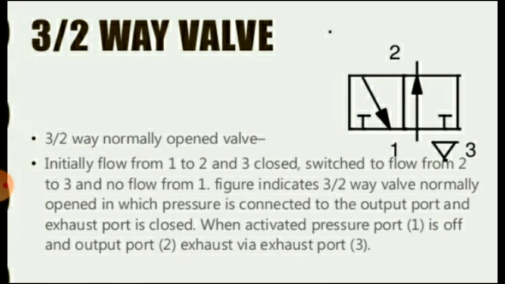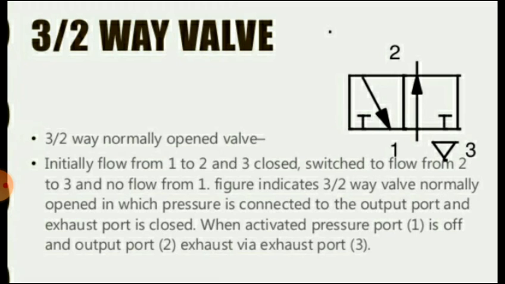Then again the 3 by 2 way valve, the symbolic representation is shown in this slide, and it is a normally open valve. So initially there is flow from 1 to 2 and 3 is closed, that is the second position. See the second position on the right hand side.